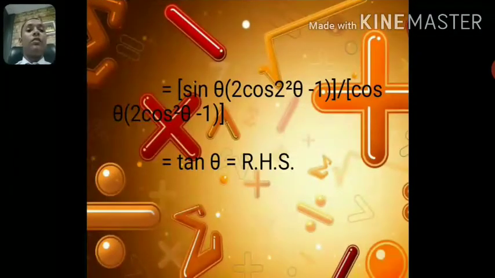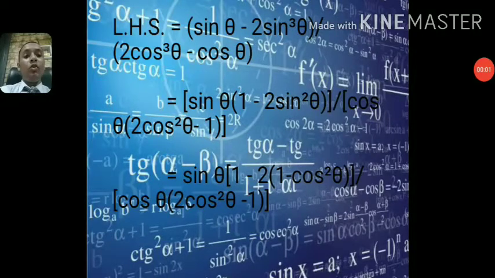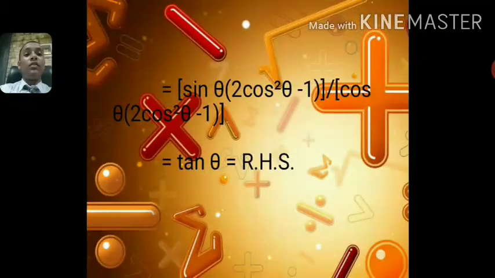The next step, at the numerator we equate all the values. So in the next step we will get sin theta multiplied by 2 cos square theta minus 1, divided by cos theta multiplied by 2 cos square theta minus 1.